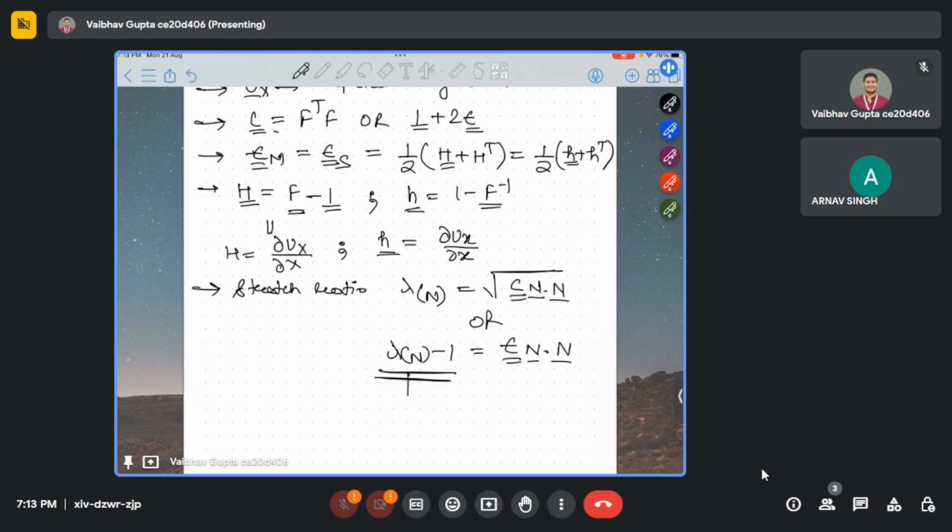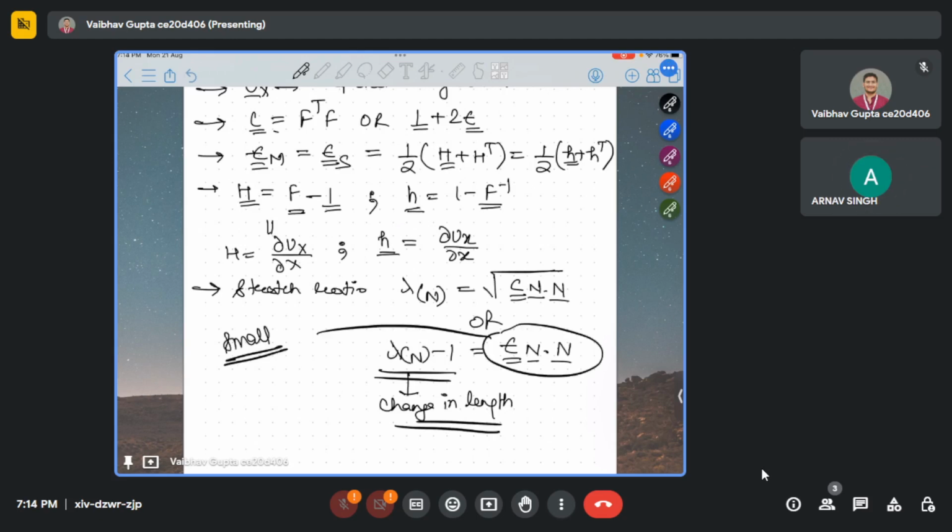This is nothing but change in length. Got it? Yes, sir. This we use when deformations are small. Okay.